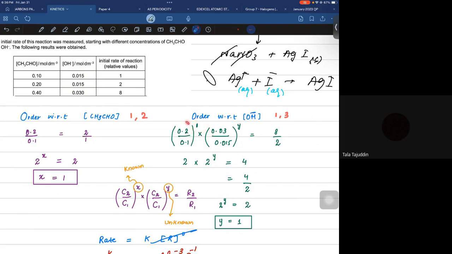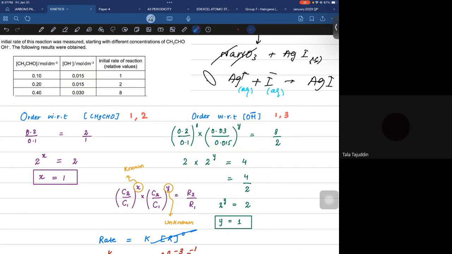After simplification, you will get 2 raised to the power y equal to 4 over 2, which gives 2 again. So you can cancel the base and you get y equal to 1. So this is first order with respect to OH minus.